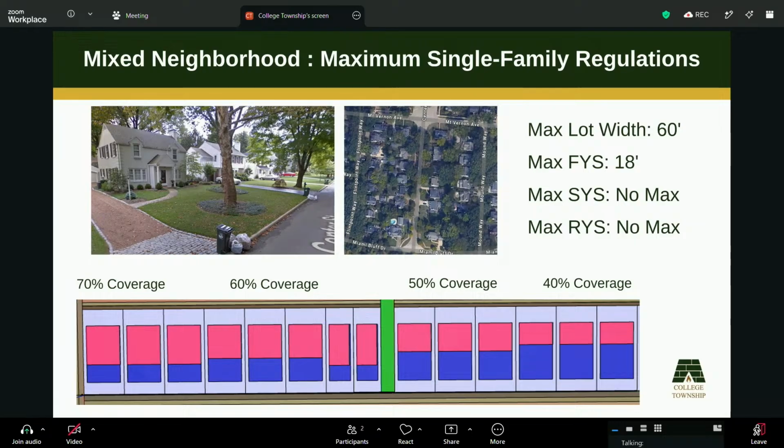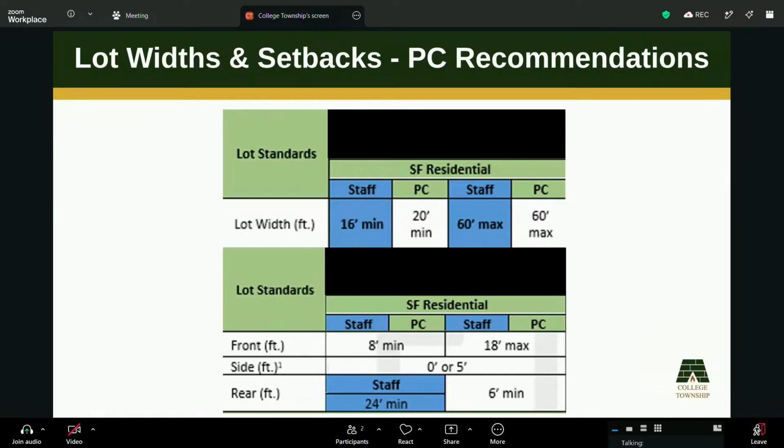Okay. Thoughts, Rich? It appears you agree on the max with PC at 60, so it comes again to the minimum. I'm okay with the 16-foot here again.